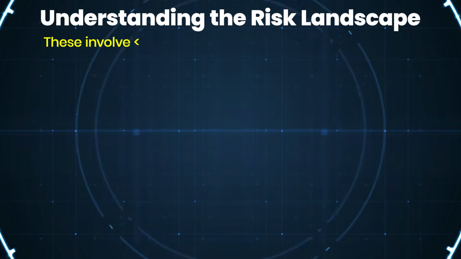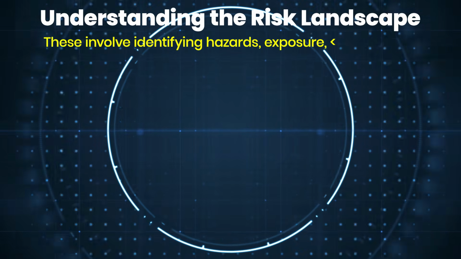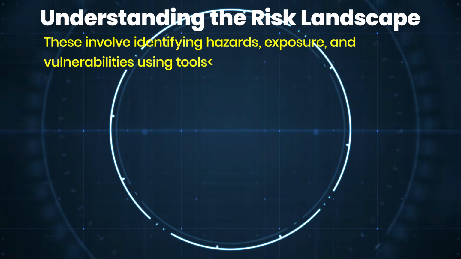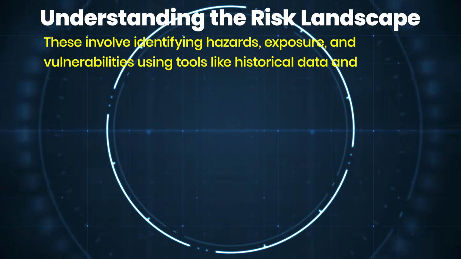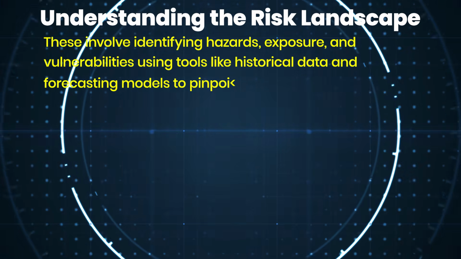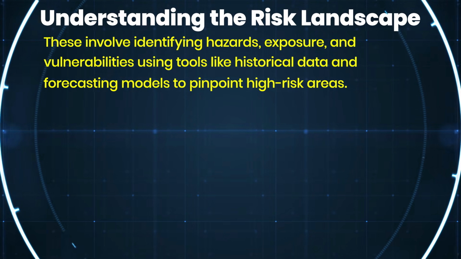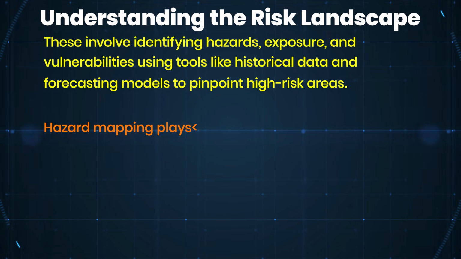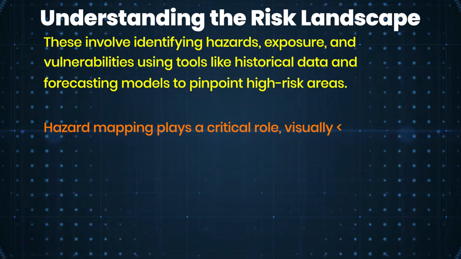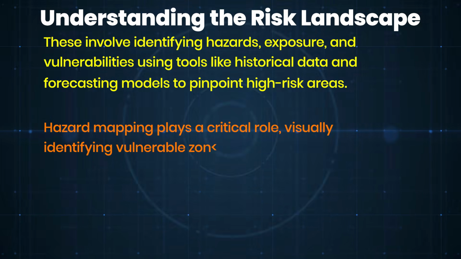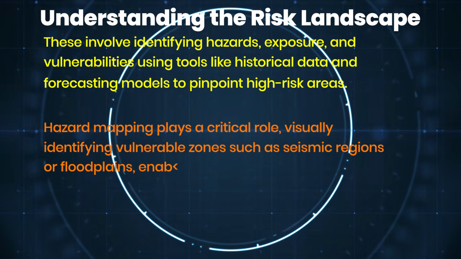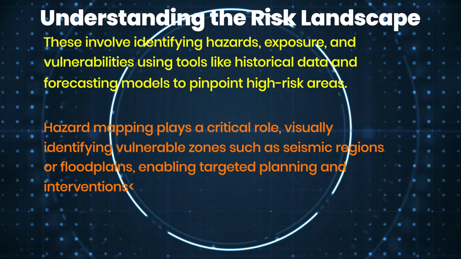Now let us try to understand the risk landscape. Understanding the risk landscape starts with thorough risk assessment. These involve identifying hazards, exposure and vulnerability using various tools like historical data and forecasting models to pinpoint high risk areas. Hazard mapping is one tool that plays a critical role, visually identifying vulnerable areas such as seismic zones and floodplains, enabling targeted planning and interventions.